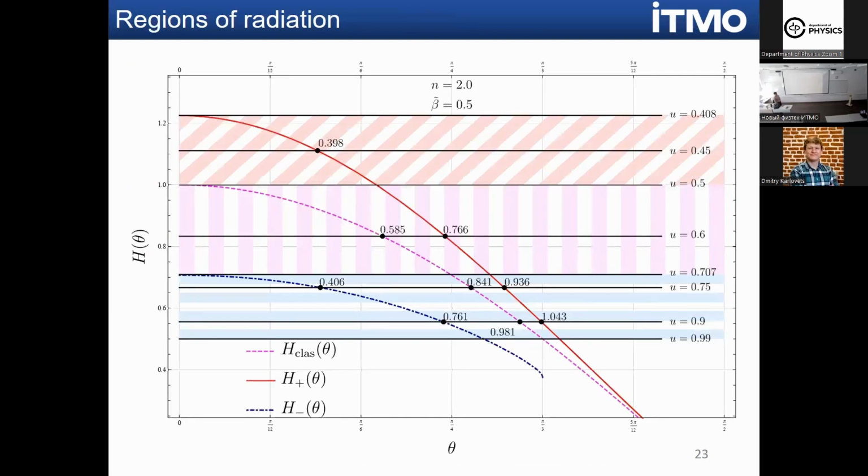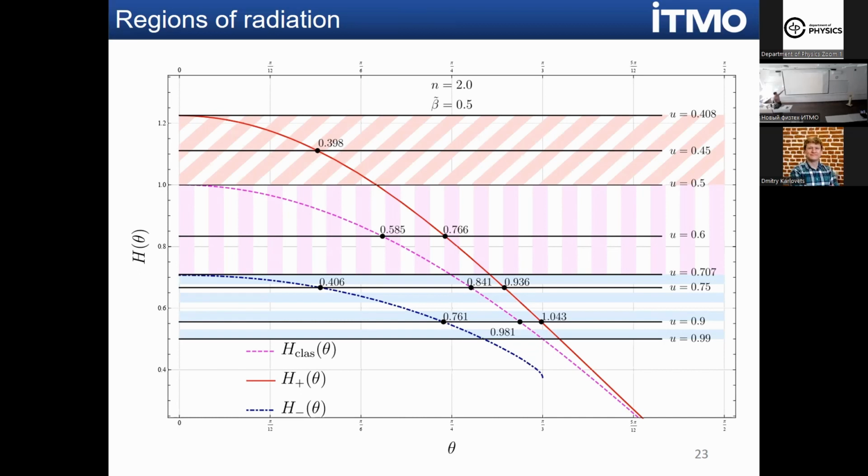You can see this better with this plot. We have plotted the H function, and we have cut it with different velocities of the particle. You have the red region that corresponds to a case when you have Cherenkov radiation, even though you may not have Cherenkov radiation in the conventional case.